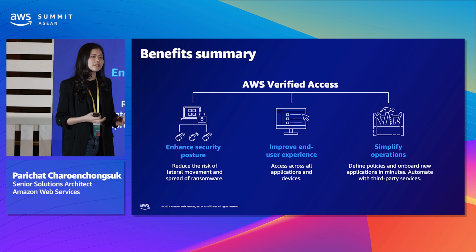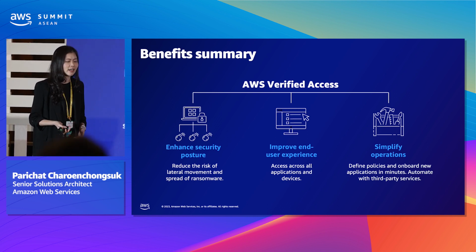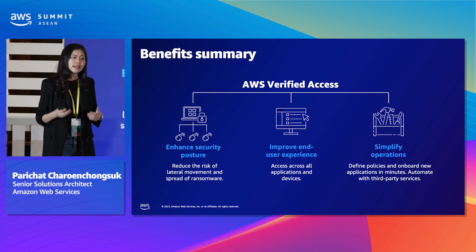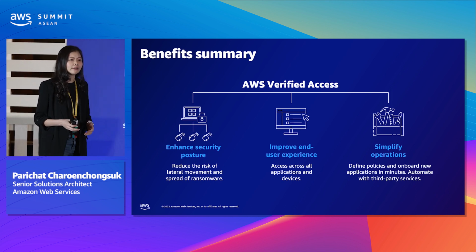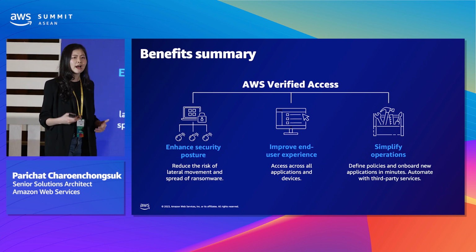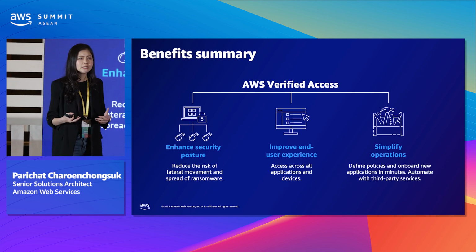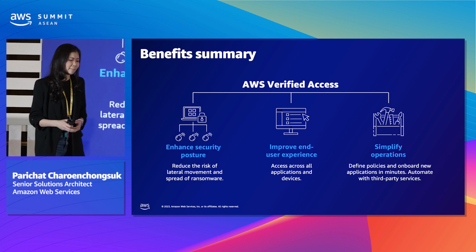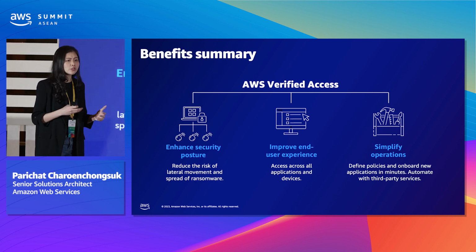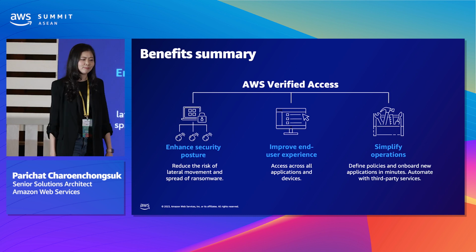Your users don't need a VPN to access your application. And it reduces IT operation overhead caused by VPN-related issues. It also simplifies your operation when you integrate your third-party security services. And it helps you reduce time when you want to make policy changes or onboard new applications.